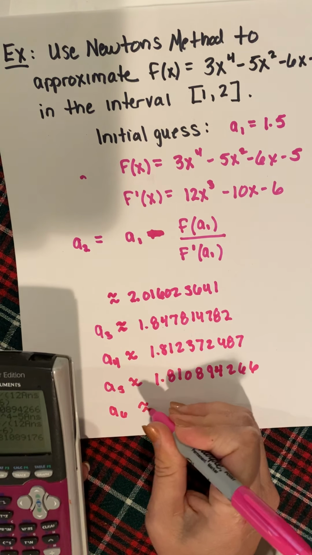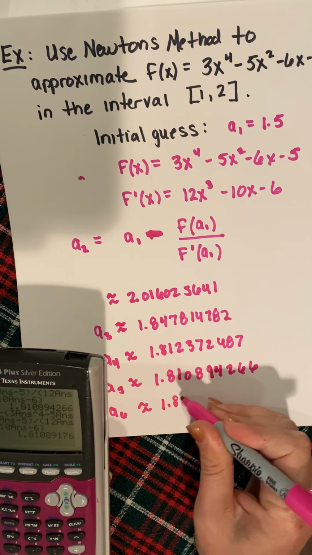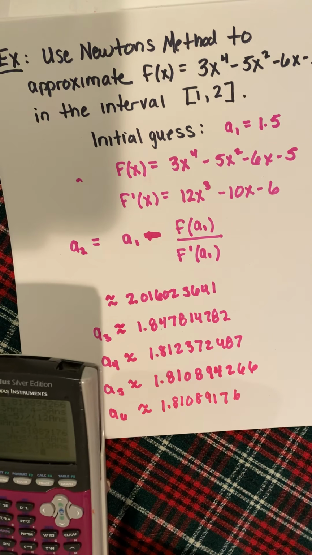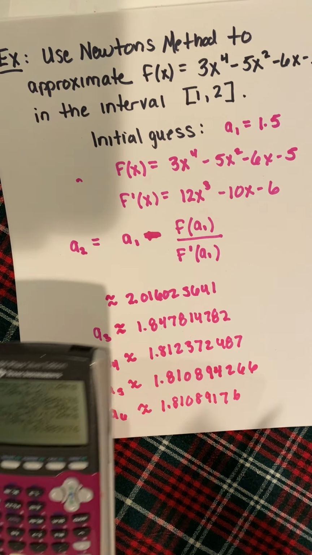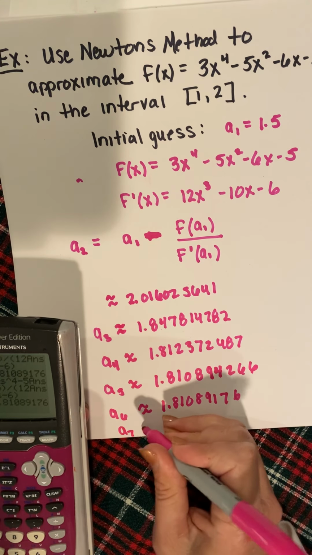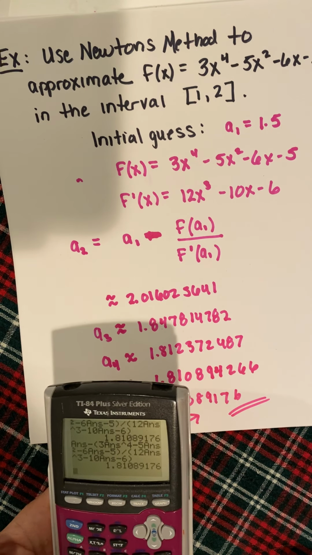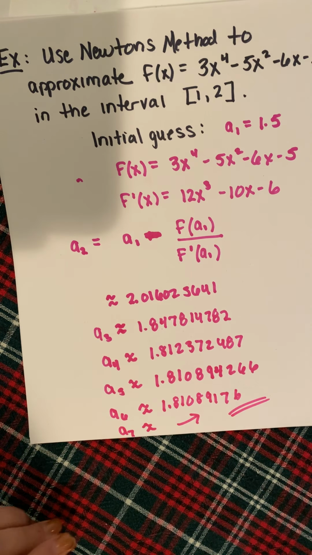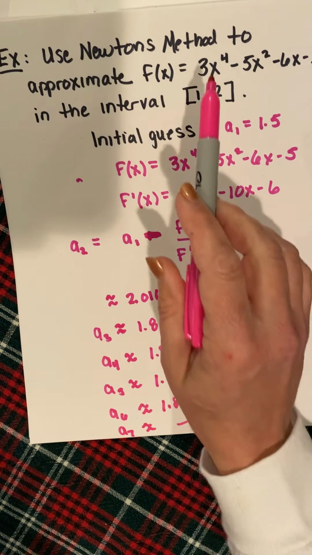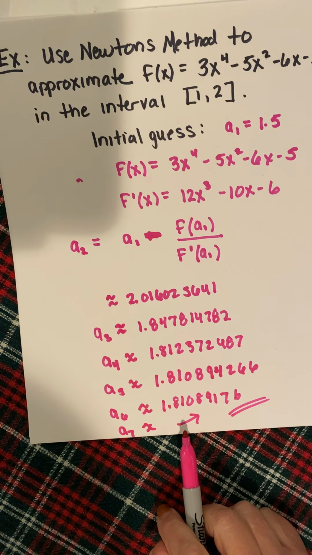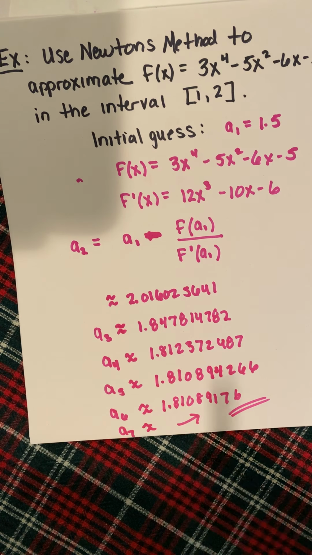A6. I'm getting there. 1.81089176. I hit enter again. Oh, and now I'm at A7. I get the same thing. So that's where I can stop. So I can determine that the root of this original function that falls between 1 and 2 is approximately 1.81089176.